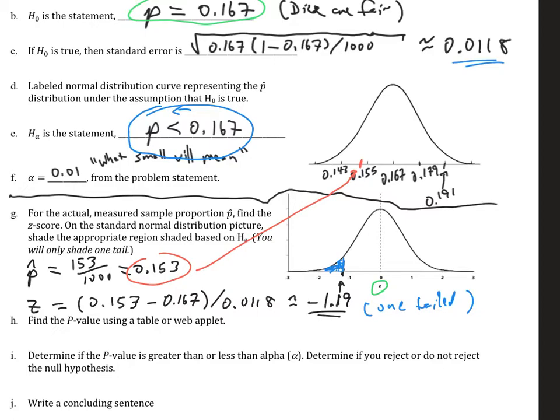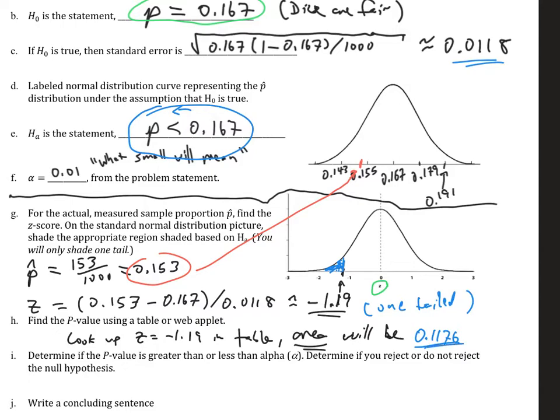If I look up negative 1.19 in the table, the area that we read off of the table will be exactly what we see shaded there. My 4 decimal places for that would be 0.1176.